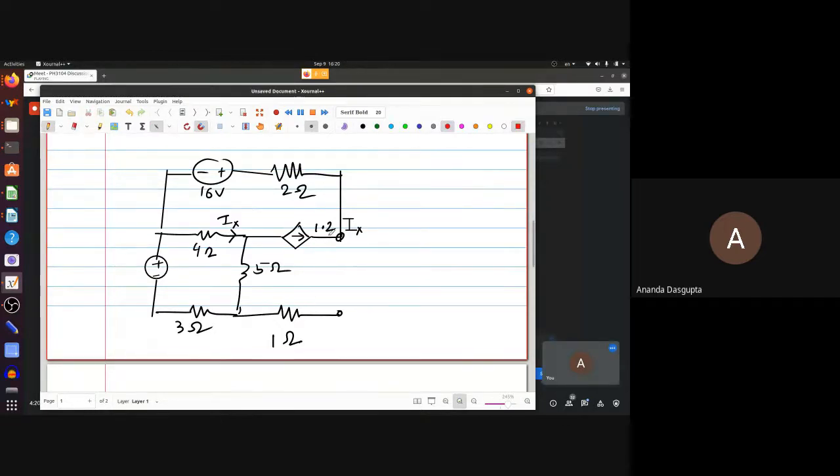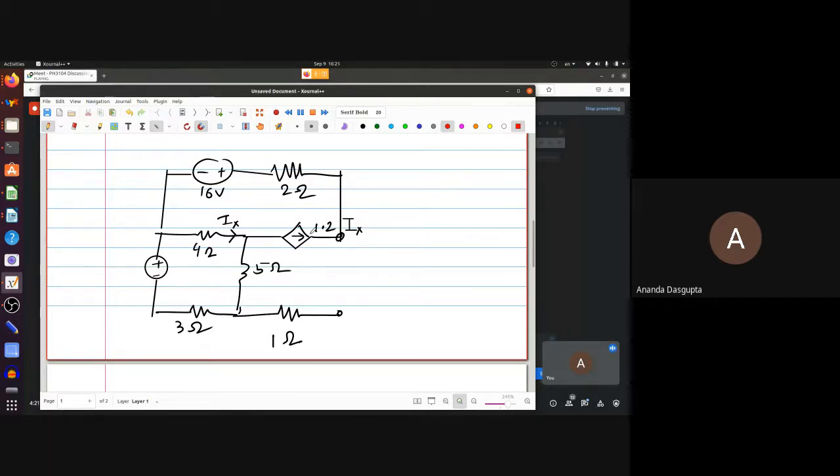So the one major problem which seems to be confusing quite a lot of you is what exactly does the current source do? A current source produces a current, and the value which is rated there is the current through the current source. It does not add that much current. So what some people have done wrong is you have calculated the result without this current source, and then you have added the current which is 1.2 Ix.